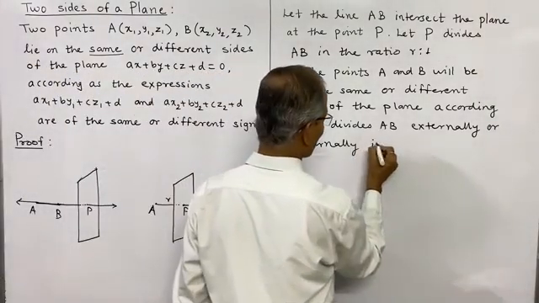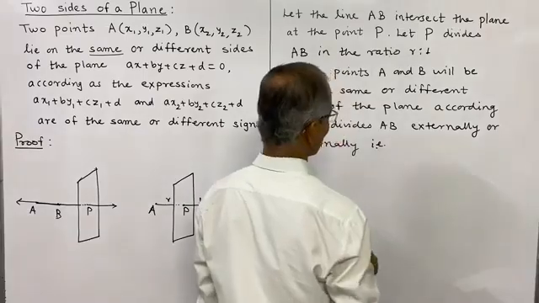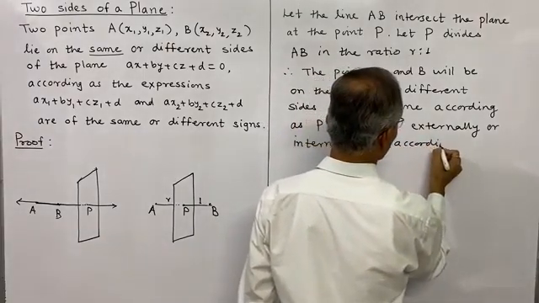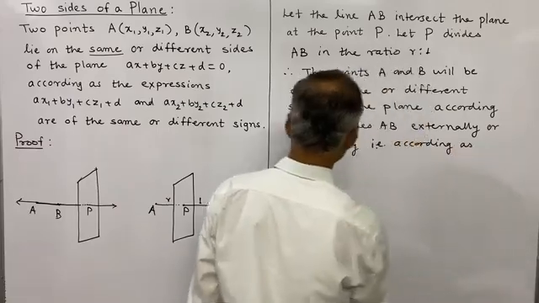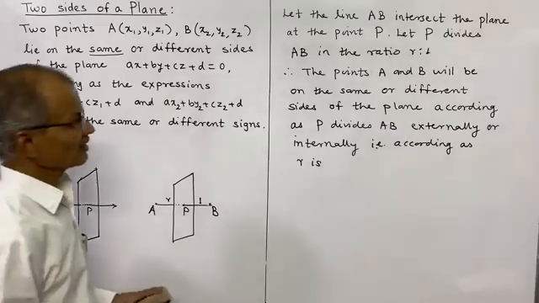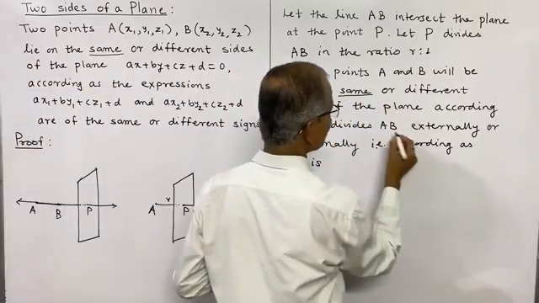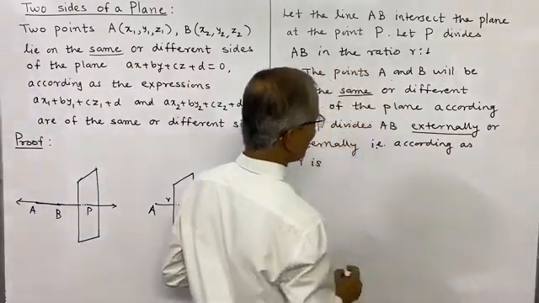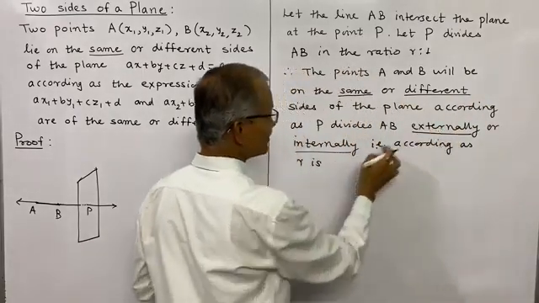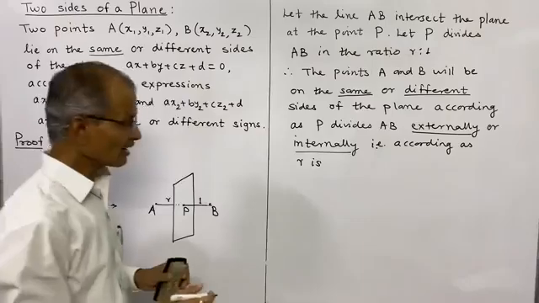That is, according as R is, we see here the same side means the division is external, and different side means the division is internal. When the division is external, then R is negative.